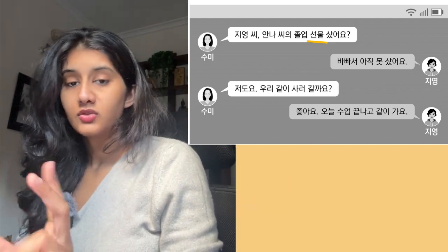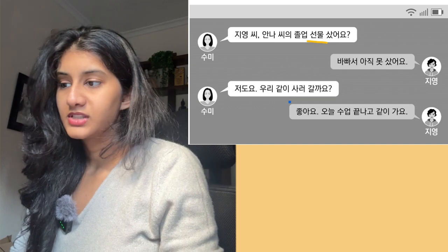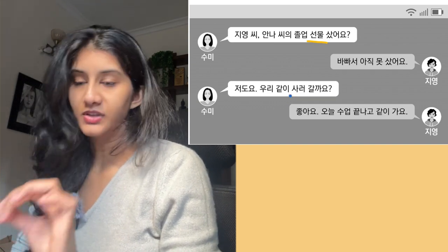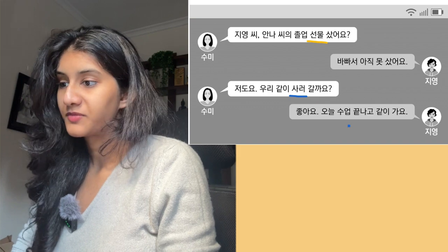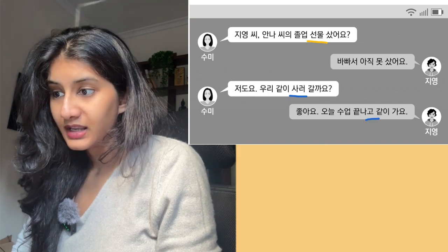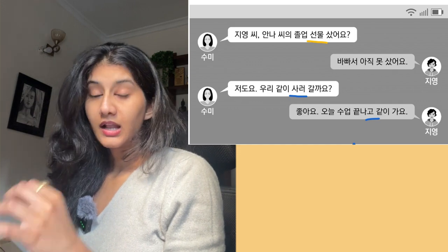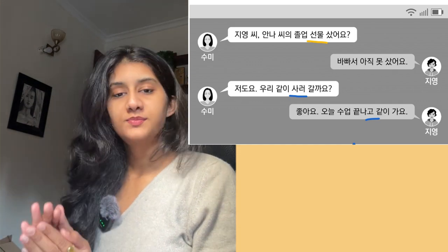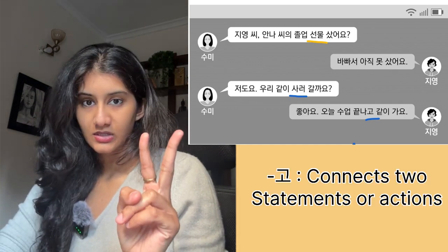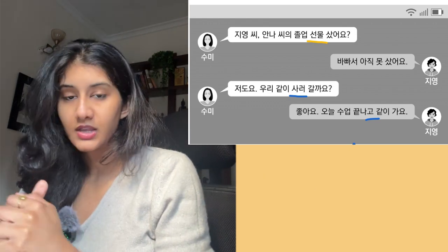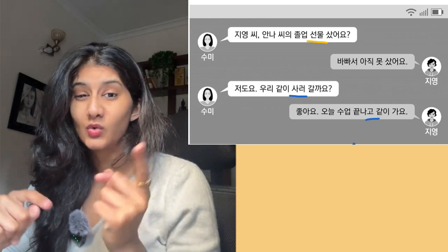Now, the two grammars that are very important in this conversation, which you have to learn at any cost, are a beginner must-have, which are 러 and 고. Now, 고 is a connector that comes between two statements or two facts or two actions. For example, over here you can see that it's coming in between two actions.